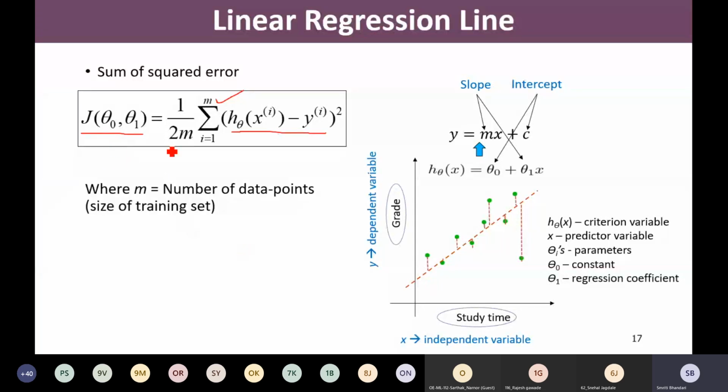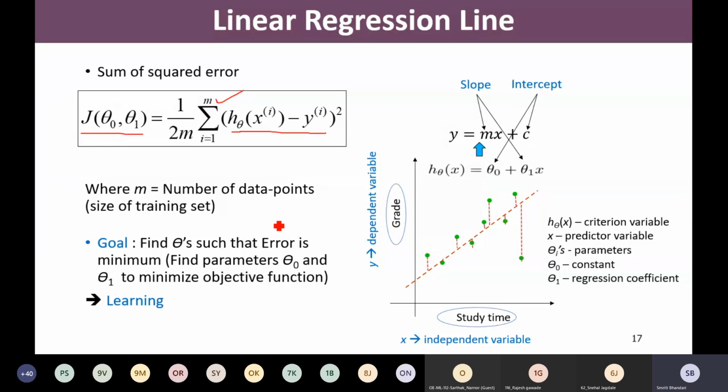And this J of theta 0, theta 1 is known as the objective function or cost function. Here, as I stated, m is the number of data points, or the size of the training data set.